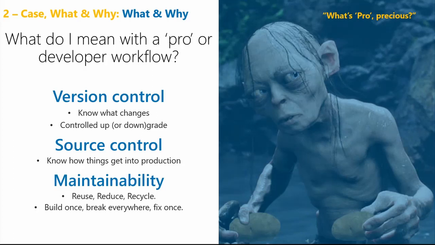In this case, I take it to mean I want to write my code once, whatever it is, a data set, a measure, a report, and because I reuse it everywhere, if it breaks everywhere, which sounds worse than it is, because it's better to have it break everywhere in a controlled way, because you know that it's the same thing that's the problem everywhere, and you know that you only have to fix it once.